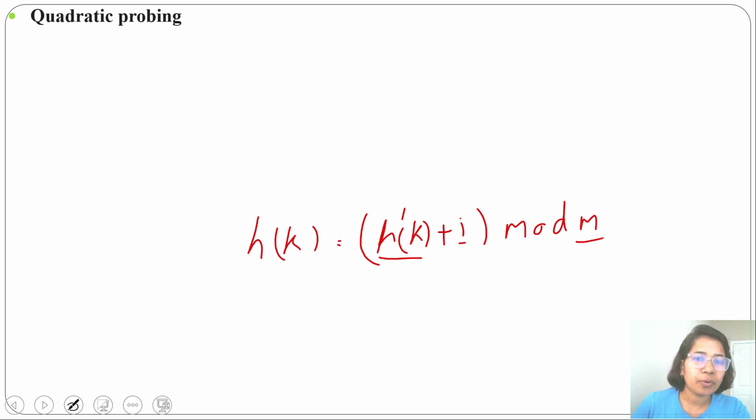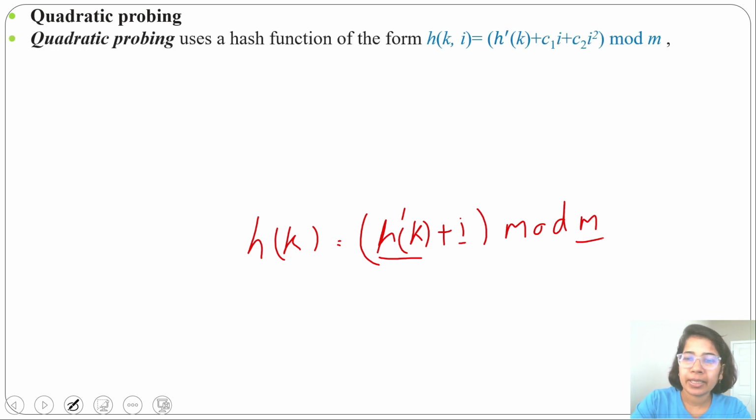In quadratic probing, the hash function is h(k, i) = (h'(k) + c1·i + c2·i²) mod m. If you remember, a quadratic equation is in the format ax² + bx + c = 0.